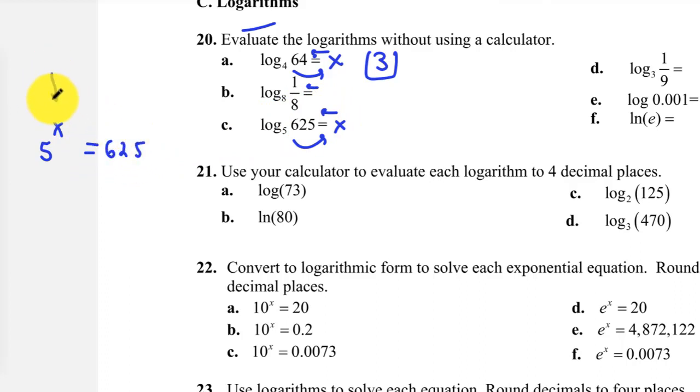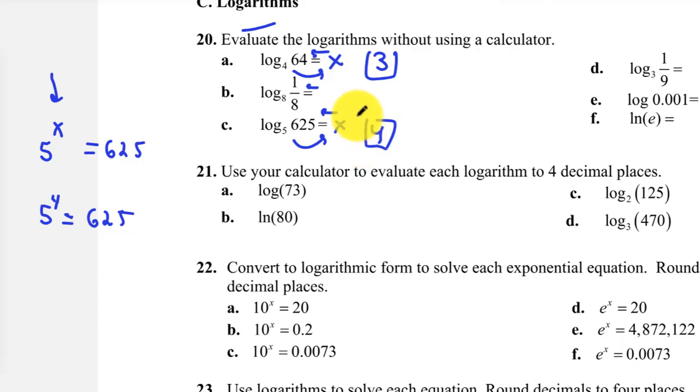And the value of x that makes this true: 5 times 5 is 25, times 5 is 125, times 5 again is 625. So 5 to the 4 equals 625. So the answer here would be 4.